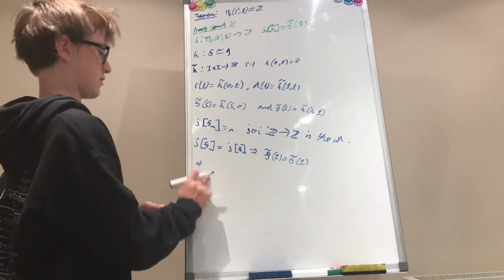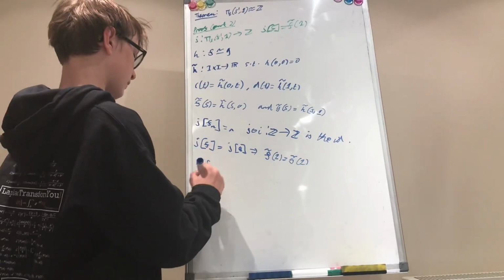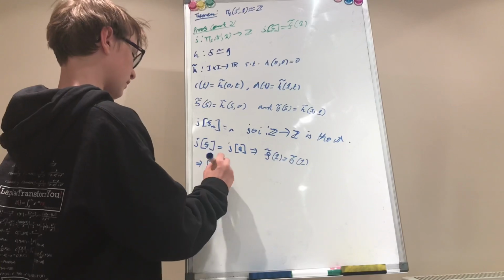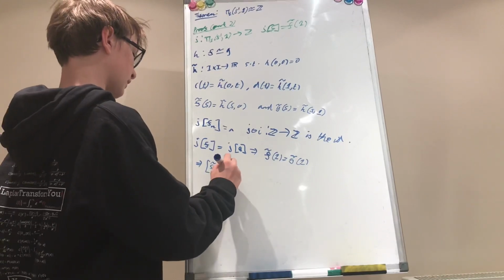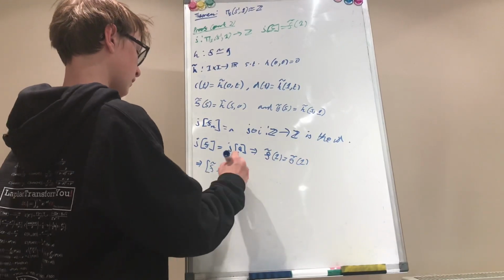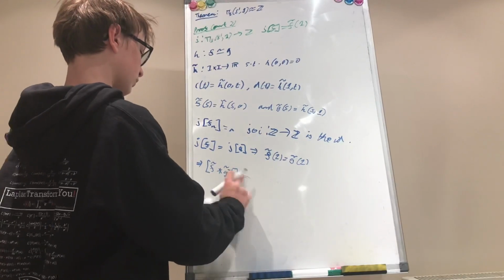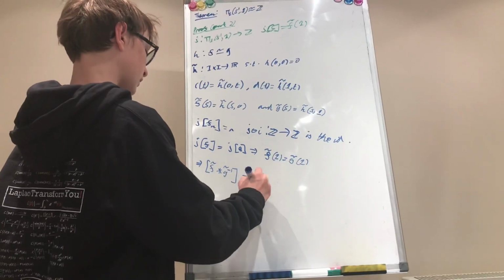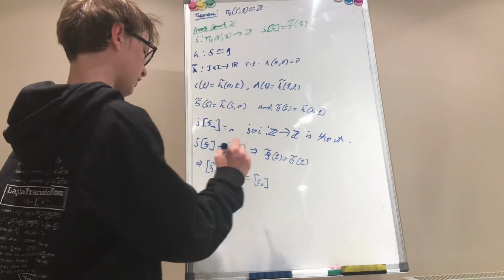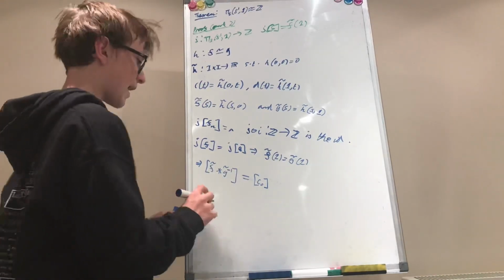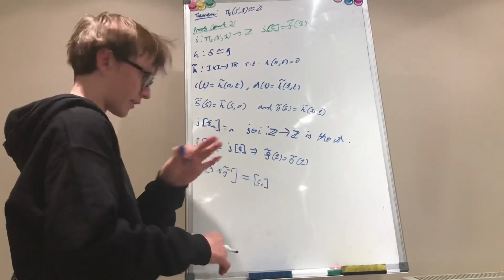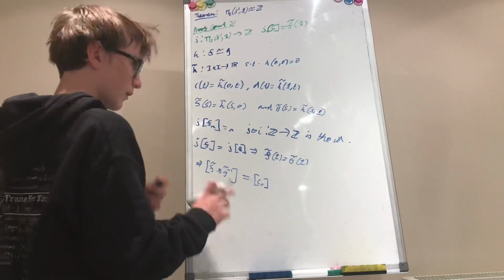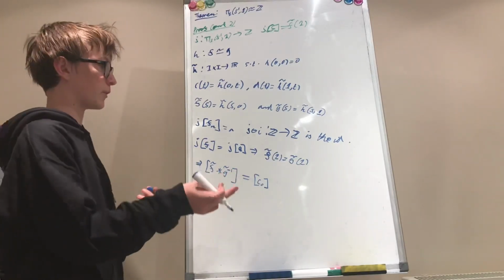Meaning that the equivalence class of F tilde star G inverse tilde is equal to the equivalence class of C0, okay?